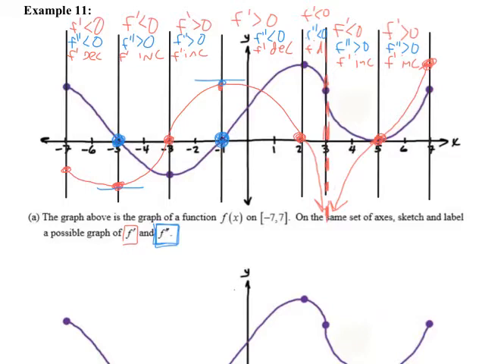Okay, and being pretty vague on what we have, the second derivative is negative down here, and then we go to positive.